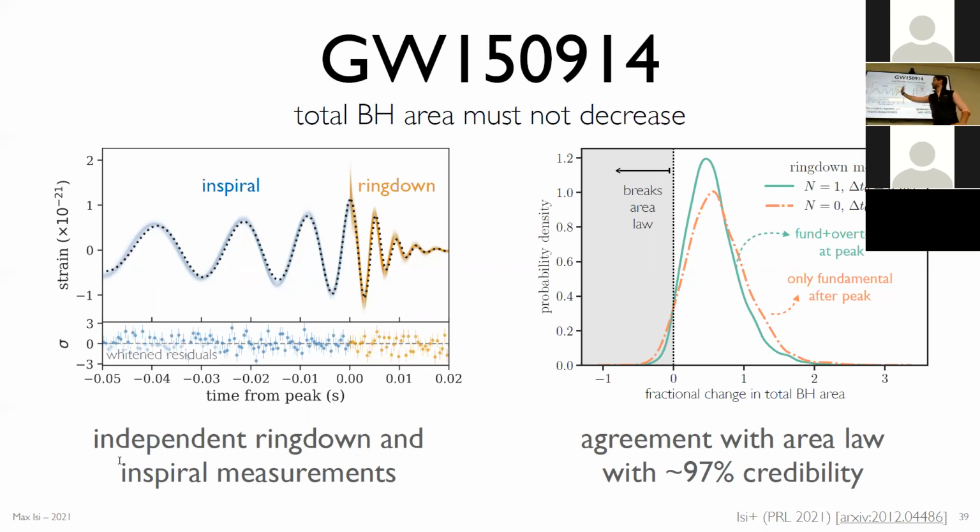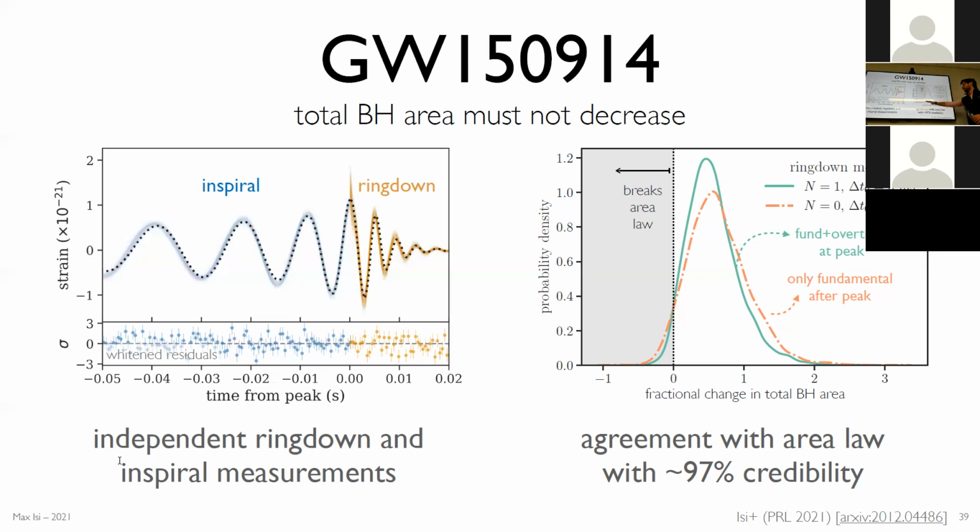So from the inspiral, we can get a measurement of the initial black hole masses and spins, which we can translate into a total area, the sum of the two. And we can do the same for the ringdown, just using this quasi-normal mode parametrization, and get a mass and a spin and compute an area that corresponds to that. And we can compare the two and check if indeed the final area is no less than the original area of the two black holes summed, which is what we expect from the area law.